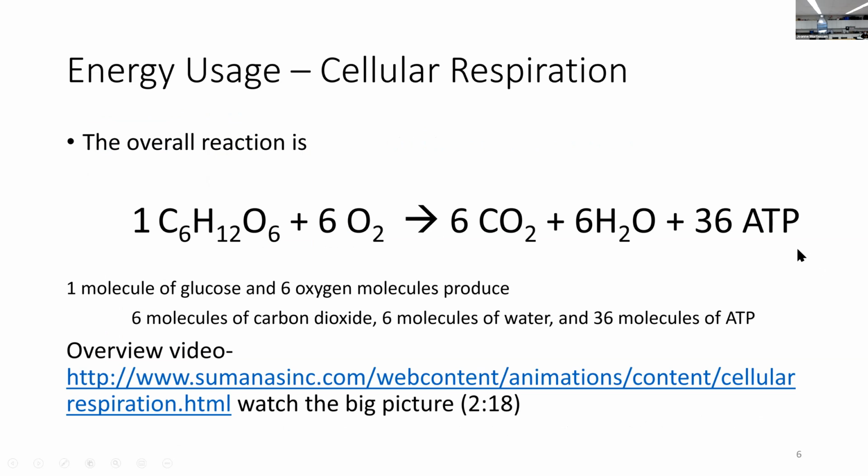I don't know if it's on the exam, but a cool question is, this is 1 molecule of glucose, uses 6 molecules of oxygen, produces 6 carbon dioxide, 6 H2O, and 36 ATP. A cool question would be, what if I had 2 of these? You would get 36 times 2, like 72 ATP. It'll just give you multiples of that.